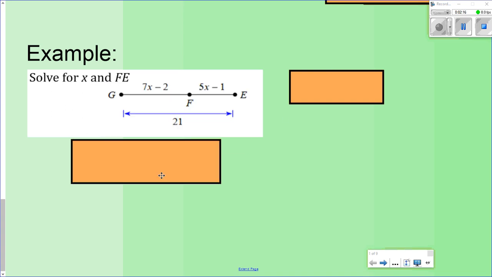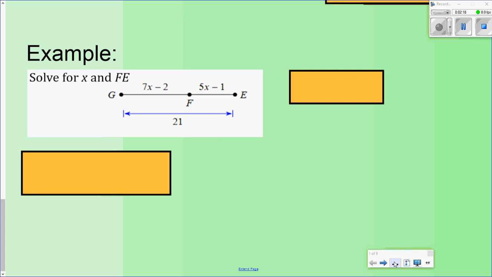So I'm going to move this, and they want us to find x and FE. We know that this is based on SAP, the segment addition postulate. So we have segment GF plus segment FE will equal segment GE.